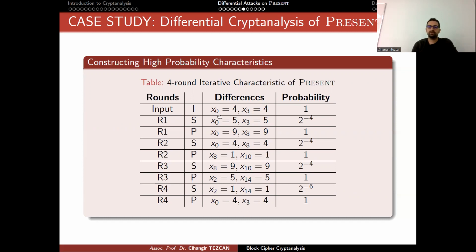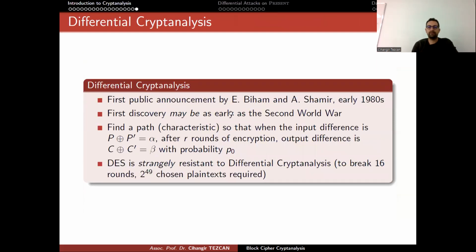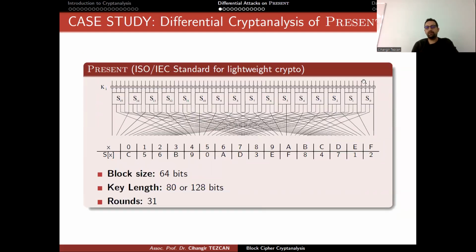So they give the difference to x0 and x3 as 4 in hexadecimal. So if you go back to the picture, what they're saying is that assume that we have an input, then modify it as follows. For S0, flip this bit so that the difference becomes 4, and for S3 flip this bit. So you only change 2 bits.